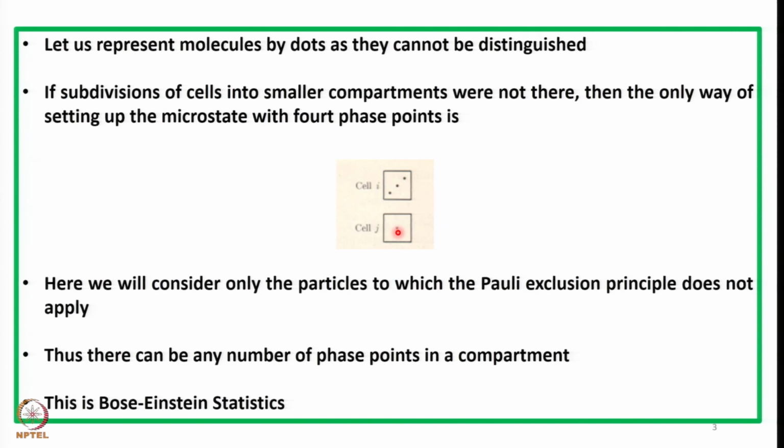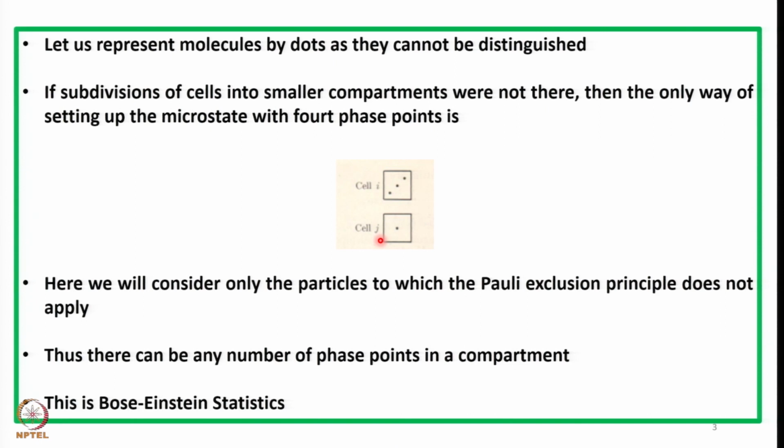Now, if the subdivision of cells into compartments were not there, then the only way of setting up the microstate with 4 phase points is 3 in I, 1 in J. When I say subdivision of cells into smaller compartments, that means within cell I we can create further compartments. If that is not there, then the only way we can arrange this is 3 in cell I and 1 in cell J.